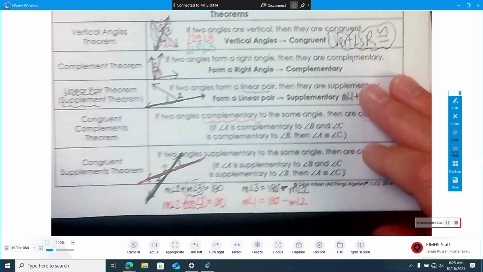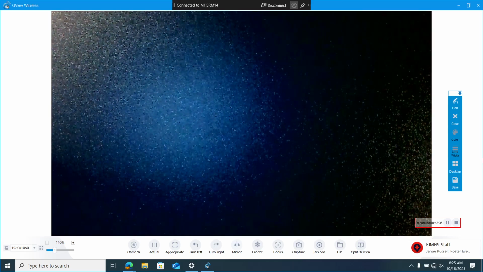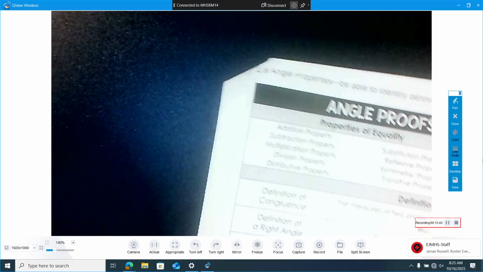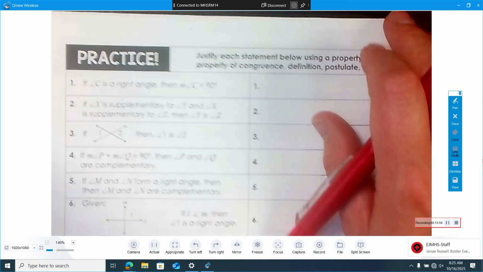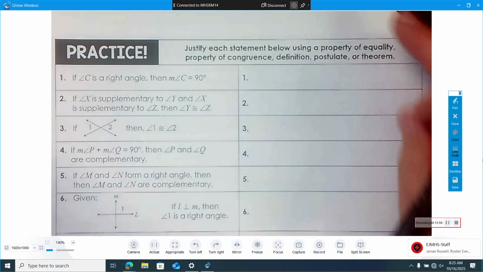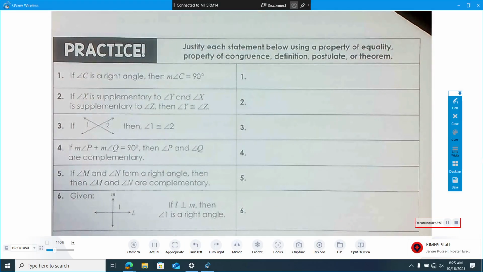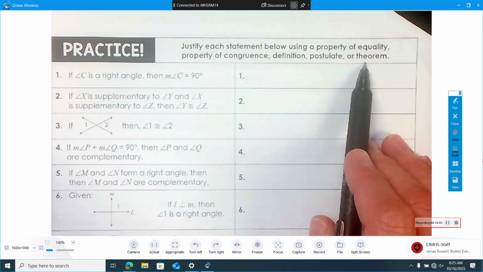All right, so those are all the things that we have when we're talking about all of our angles here. So we're going to, again, just try a couple of these and we'll just finish up tomorrow. Justify each statement below using a property of equality, a property of congruence, a definition, postulate, or theorem.